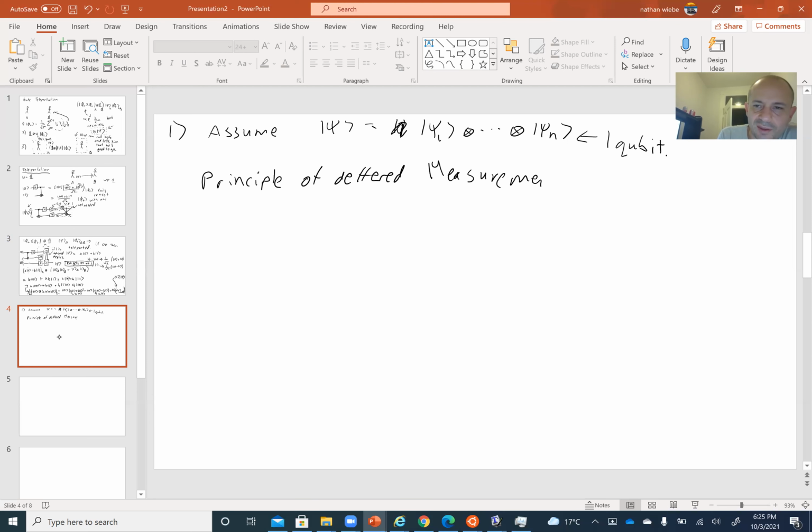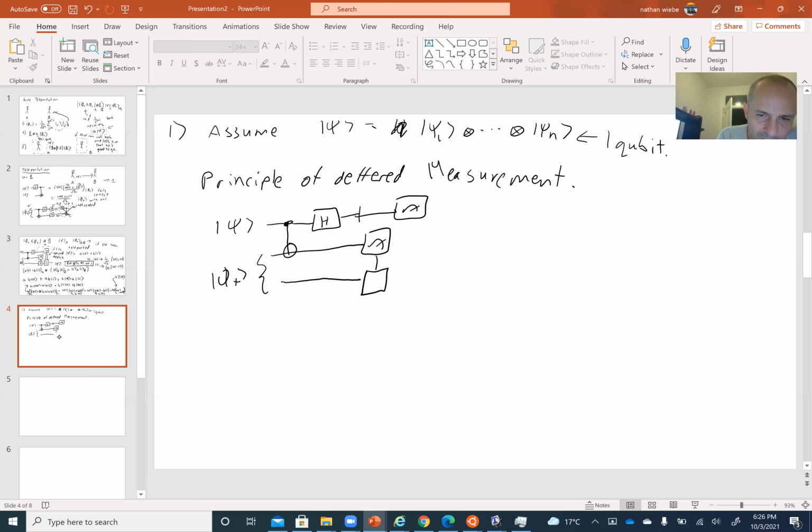And the basic idea is that what the principle of deferred measurement ends up saying is the following, at least in our context. It says that if we begin with the state psi, and we have some kind of a circuit over here, and we Hadamard, and measure, and phi plus, of course, was fed in over here. Now, if we end up having a state x classical z over here, then actually there's a way that we could rewrite this.